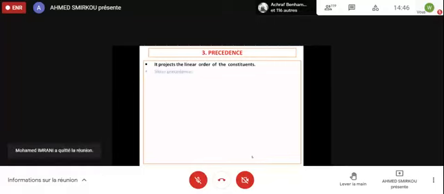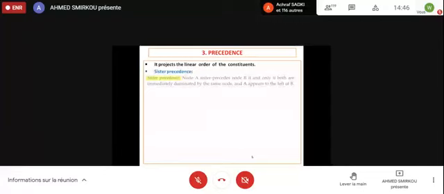So, as simple as this. This is called sister precedence. Sister precedence: node A precedes node B if and only if both are immediately dominated by the same node, and A appears to the left of B. So this is the explanation of this definition.